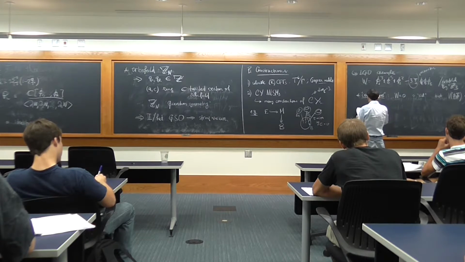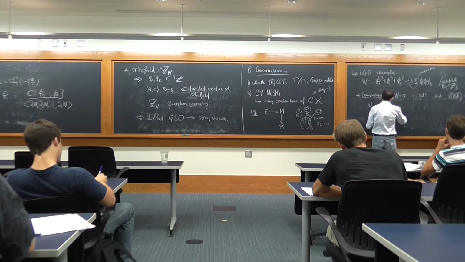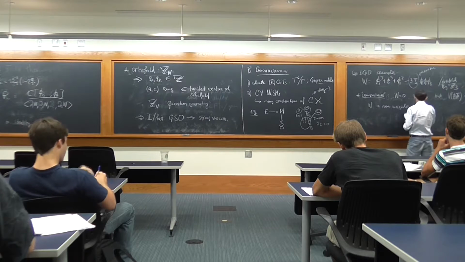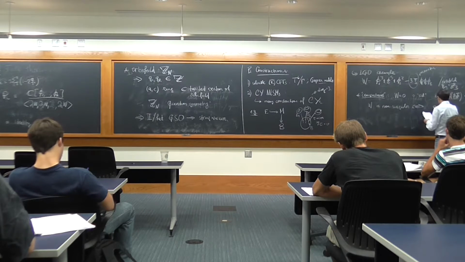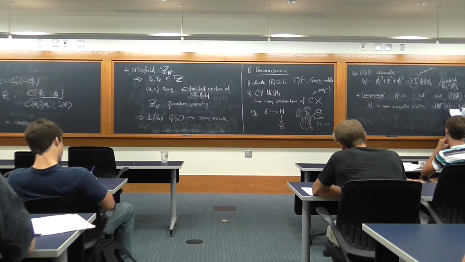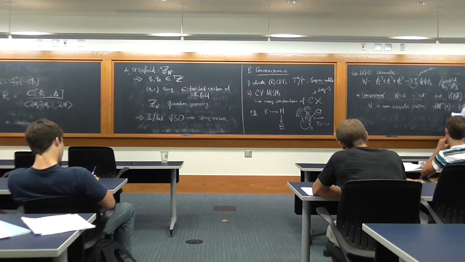And we will say that the superpotential is non-singular if and only if solving these equations, dW equals 0, gives us the unique point, which is the origin in Cn.